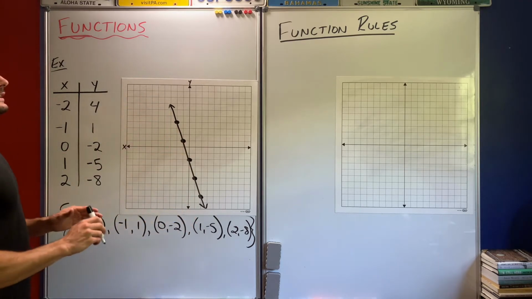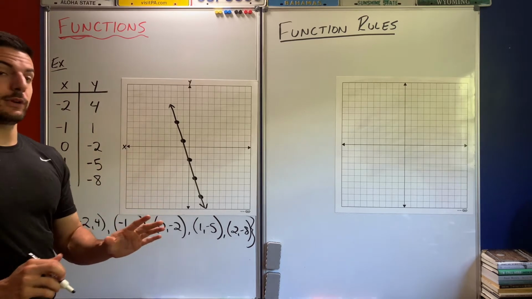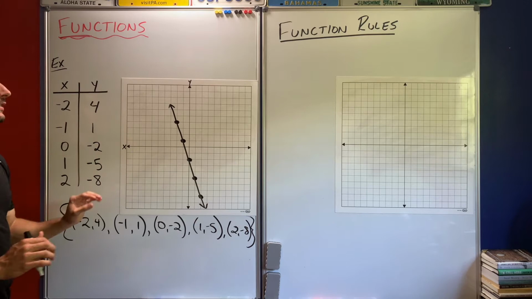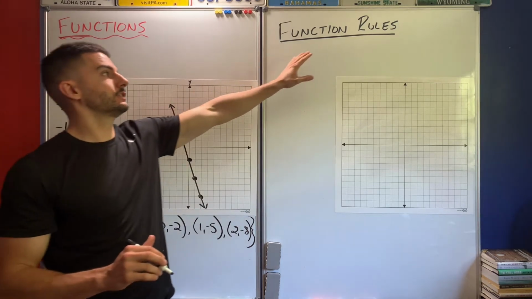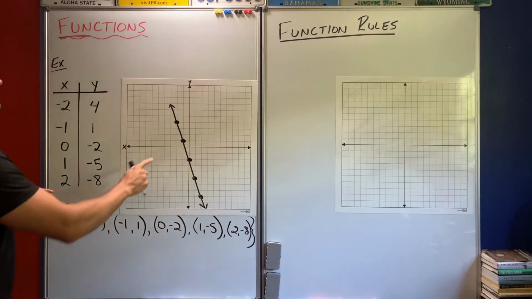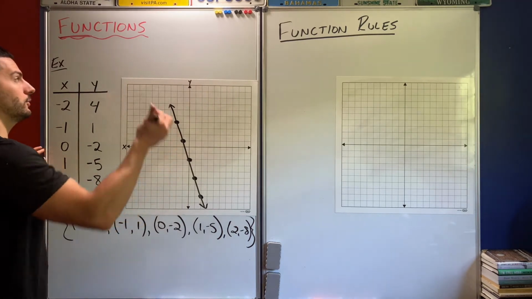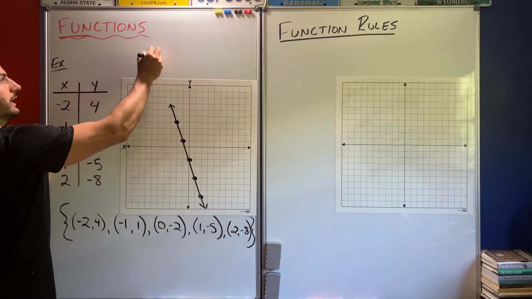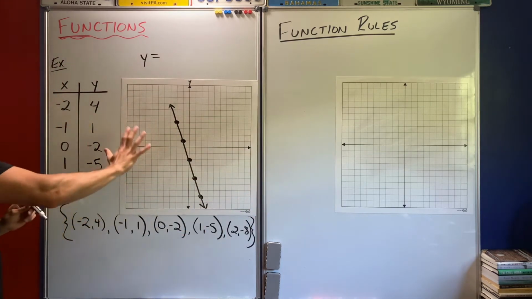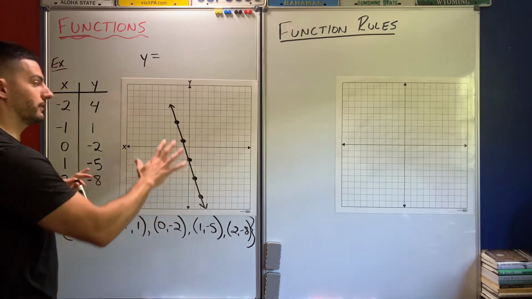And when it's not just a random collection of points, but follows a pattern like this, we can state that there's a rule, a function rule, that goes with this. I'll tell you what this one is, and this is pretty tricky. In the next video I'll go over how we can determine what the equation is if we're given this.